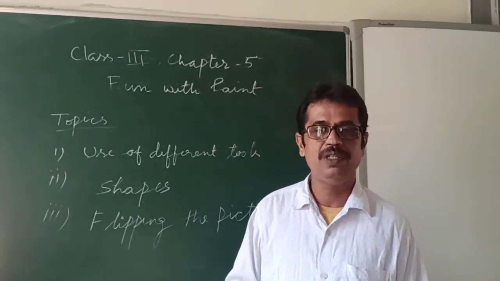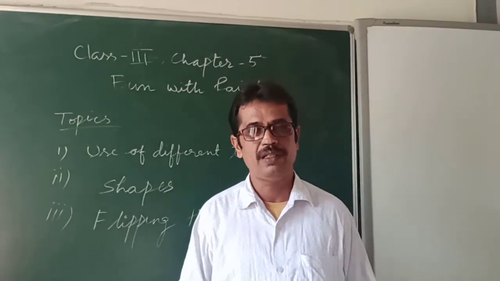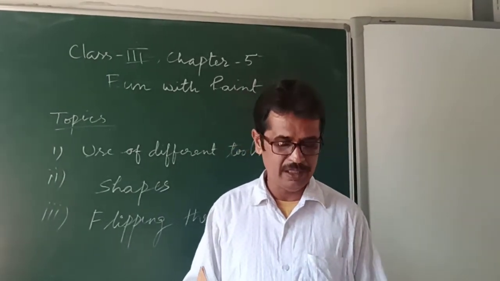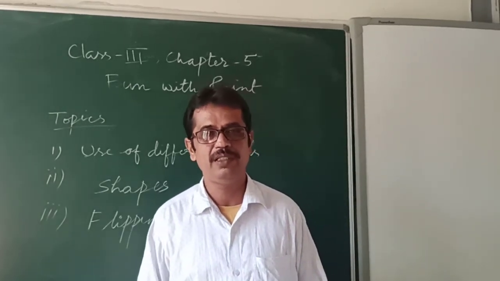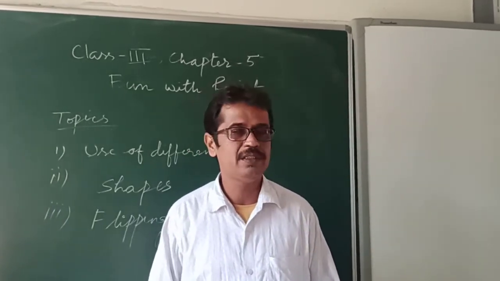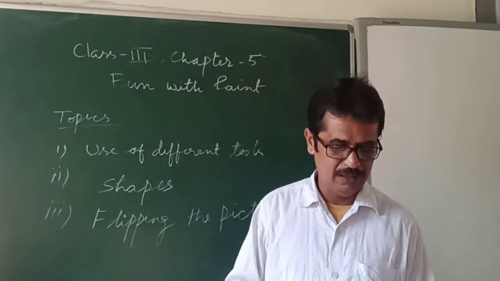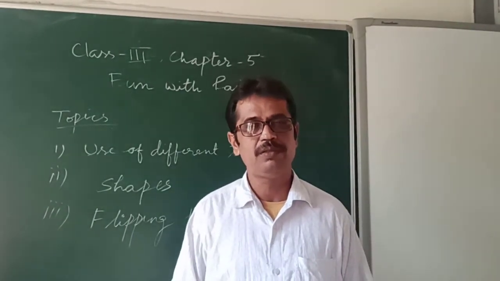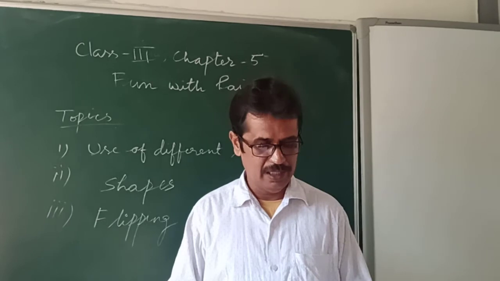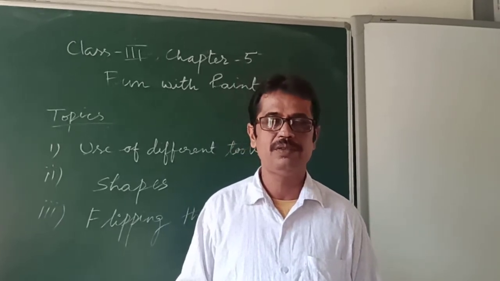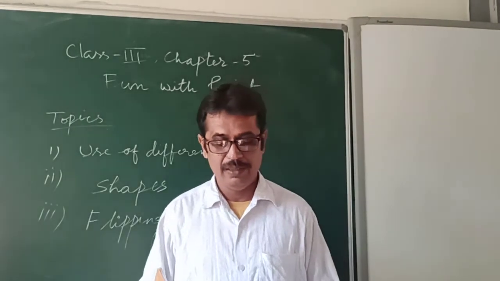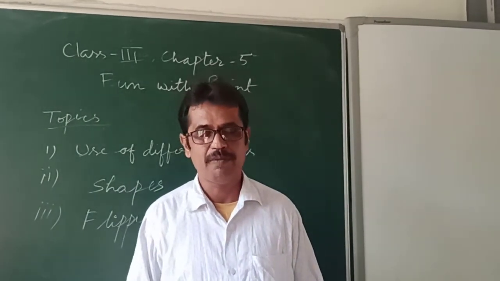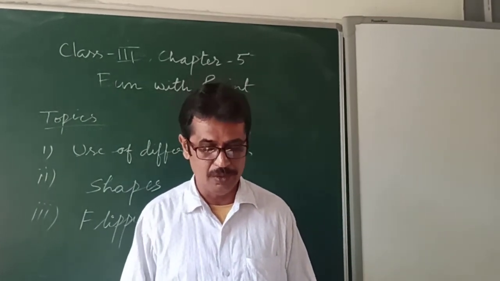The fill with color tool is used to fill color in any object. The pencil tool is used to draw free form lines. The eraser tool is used to erase your mistakes. The airbrush tool is used to spray color, and the select tool is used to select any part of the drawing. I hope you can remember these and use all these tools.